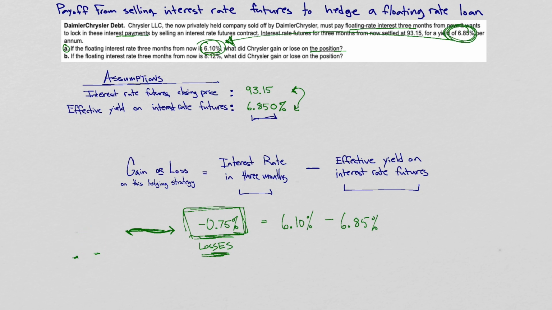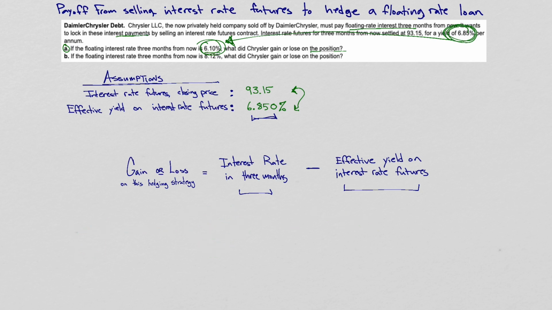All right, let's take a look at the last part, part B, where it's slightly different. Instead of interest rates falling, interest rates rose. So they've gone from 6.85% now up to 8.12%. And what did Chrysler gain or lose on this futures position? The setup is still the same. So we just plug in 6.10% as the interest rate that was on offer for this futures contract at the time that we entered into this position.